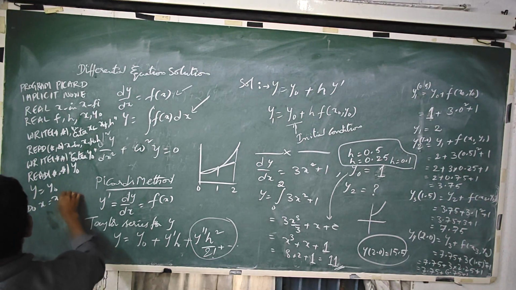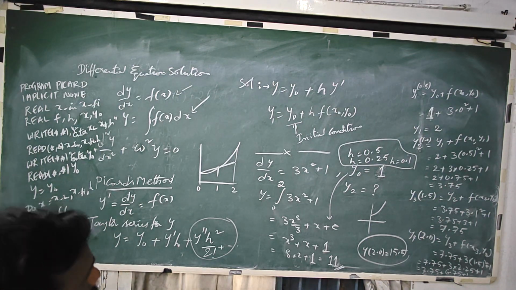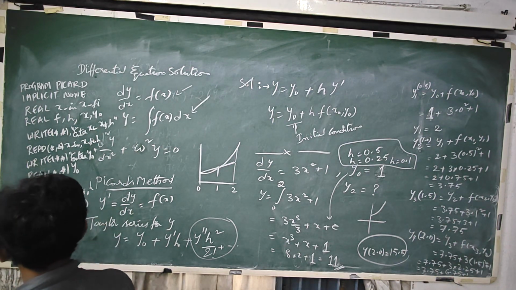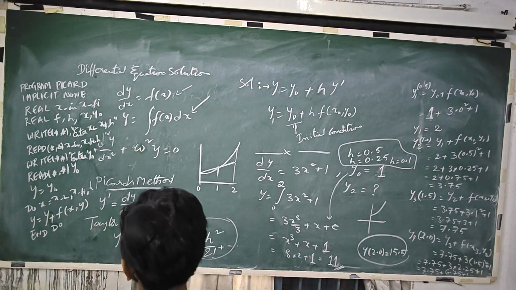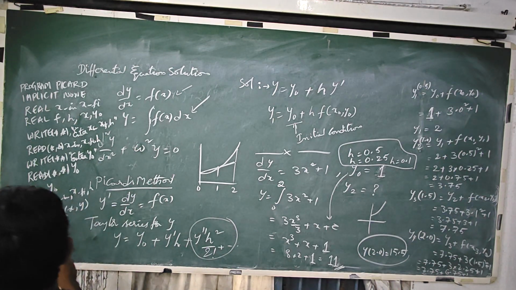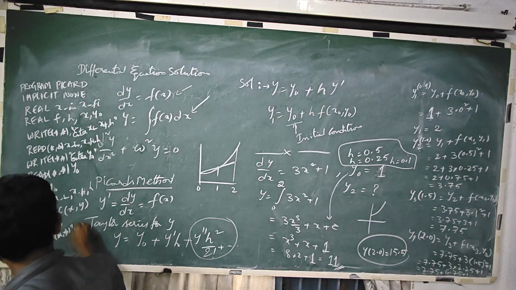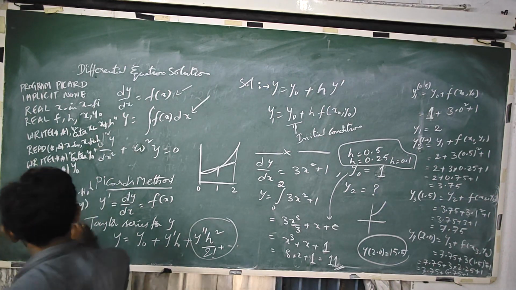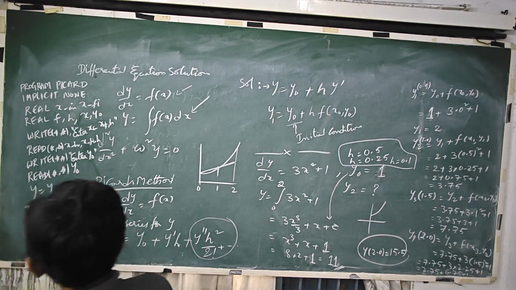Do X is equal to X initial to X final with a step size of H. Y is equal to Y plus F of X comma Y. We have to write that function.